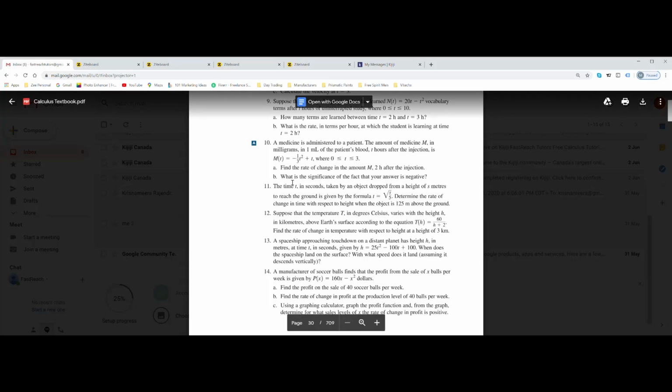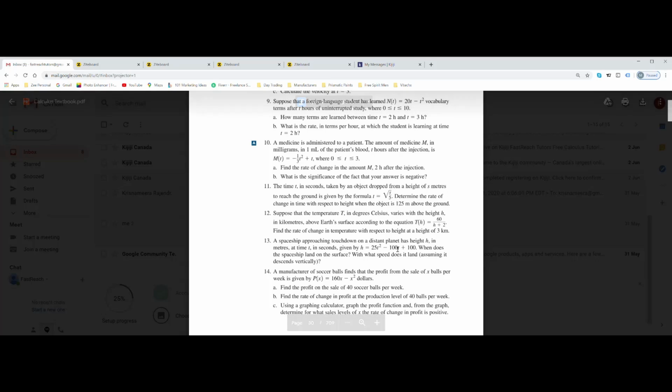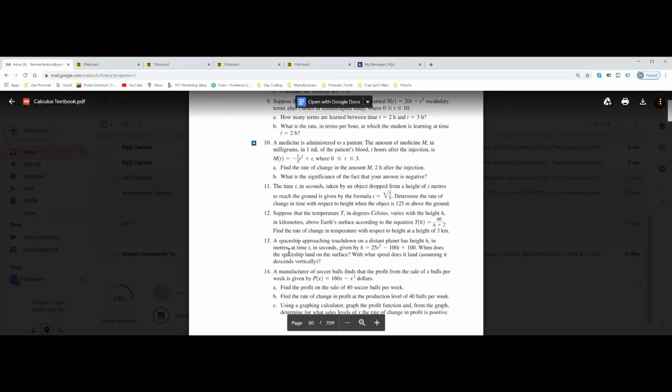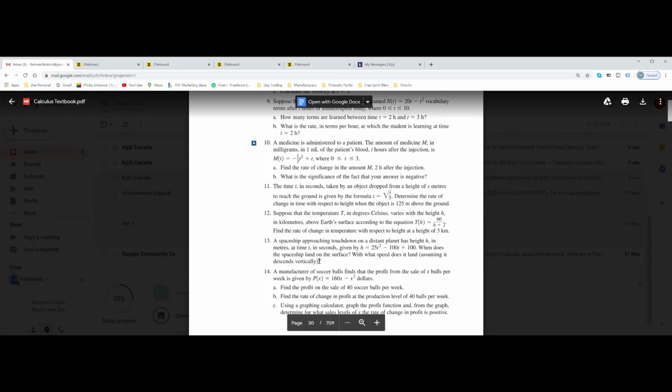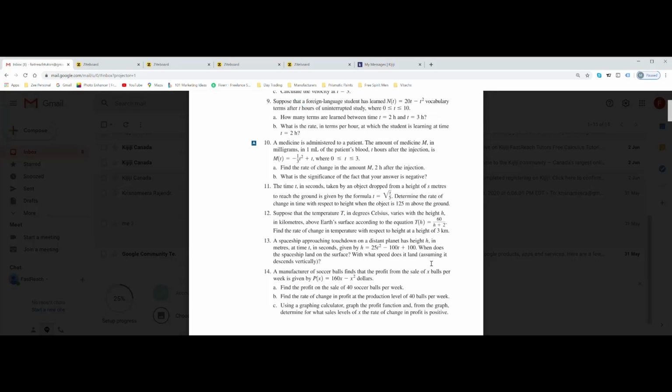13. A spaceship approaching touchdown on a distant planet has a height h in meters at time t in seconds given by 25t squared minus 100t plus 100. When does the spaceship land on the surface? With what speed does it land?